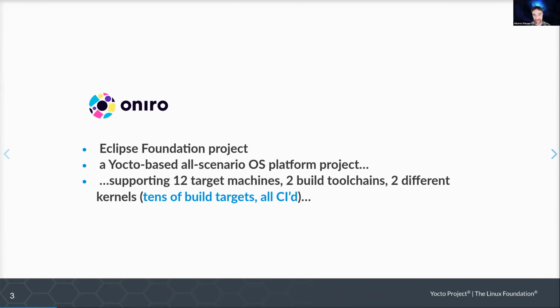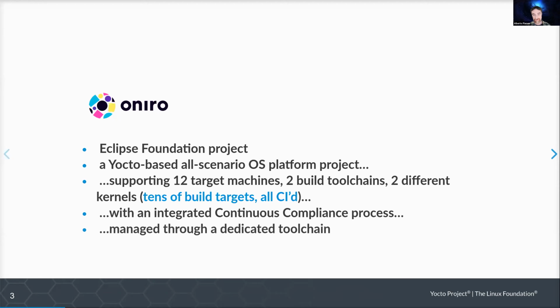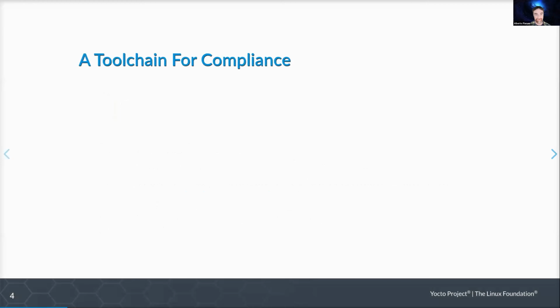So it's kind of a challenging project for compliance, because we wanted to integrate compliance with the same philosophy as in continuous development, continuous integration. So we wanted to have a continuous compliance process, and to do that we developed a dedicated tool chain.